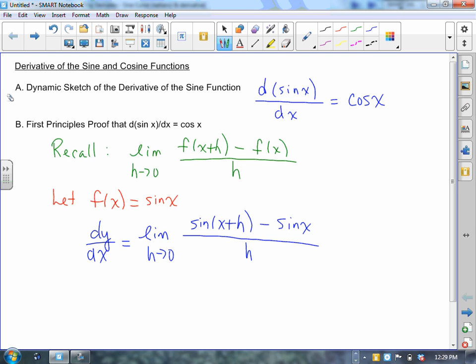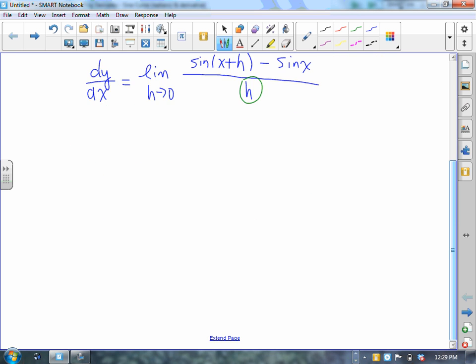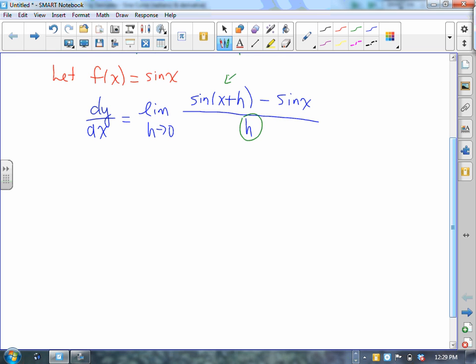Now recall that the goal of a first principles proof is to somehow remove a discontinuity. We can't have this h here in the denominator, otherwise the expression is undefined. So there must be some kind of work that we can do in the numerator. Specifically, the sine of x plus h term is going to need some attention.